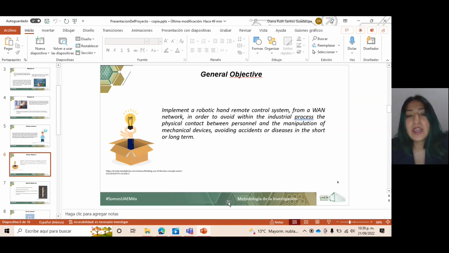The general objective is to implement a robot hand remote control system from an IP network in order to avoid, within the industrial process, the physical contact between personnel and the manipulation of mechanical devices, avoiding accidents or disease in the short or long term.